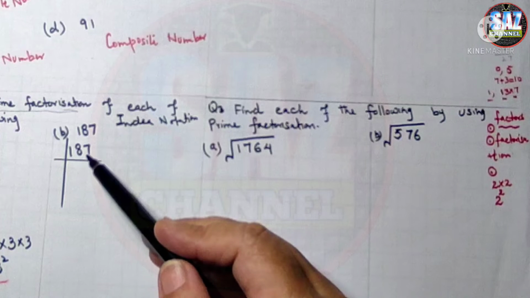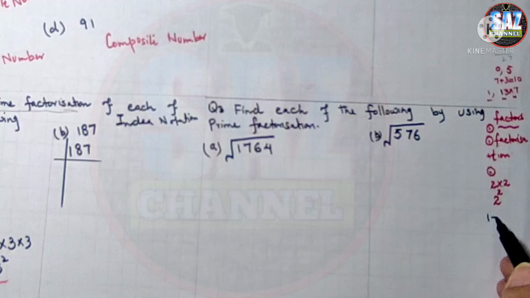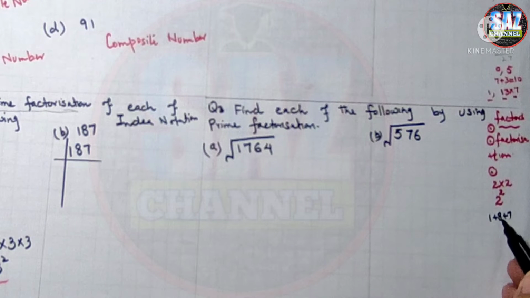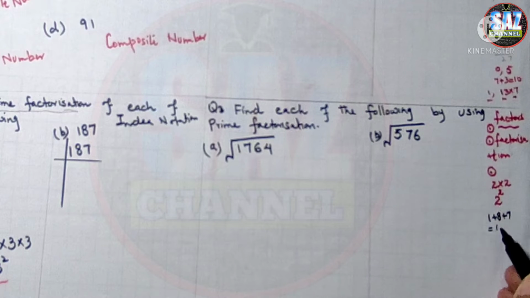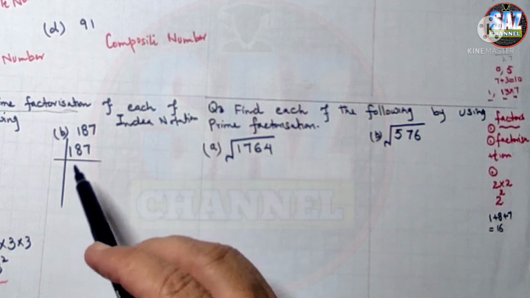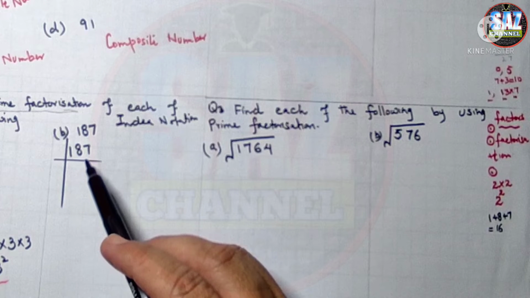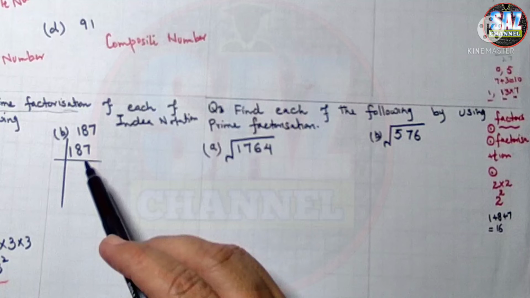Checking the divisibility test of 3, what we have to do is add up the digits. 1 plus 8 plus 7. Okay, 8 and 1 is 9, and 1 is 10, and 6 is 16. The sum of the digits is 16, which is not divisible by 3. So 187 is not divisible by 3. For 4 and 5, not possible, because for 5 the unit digit has to be 0 or 5. 6, not possible.